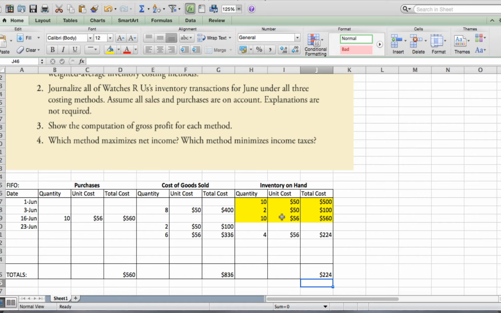This is just a tool that I use. Obviously if you're using a computer system where you just punch in each transaction, it's going to automatically take out the units that you've already used. What I don't want to do is leave that unhighlighted, because then I don't always know which of those have already been used up.